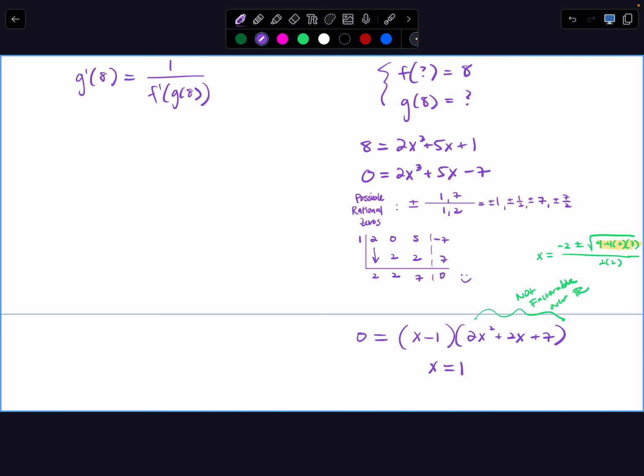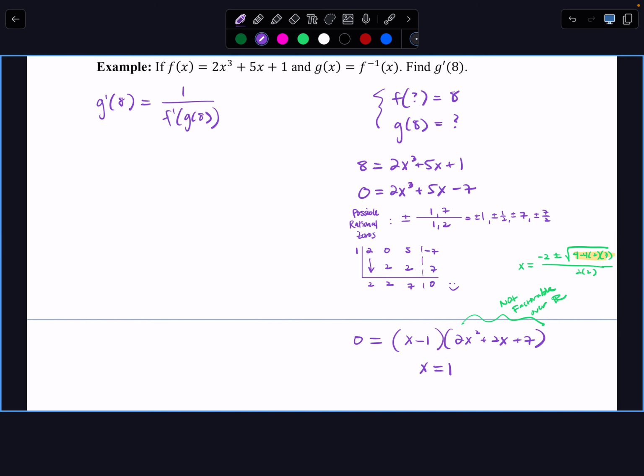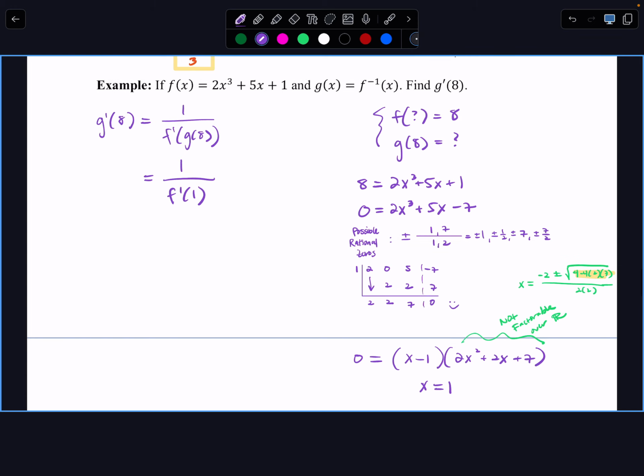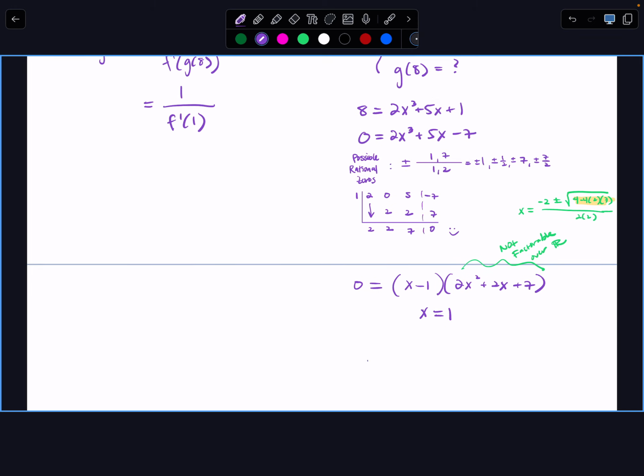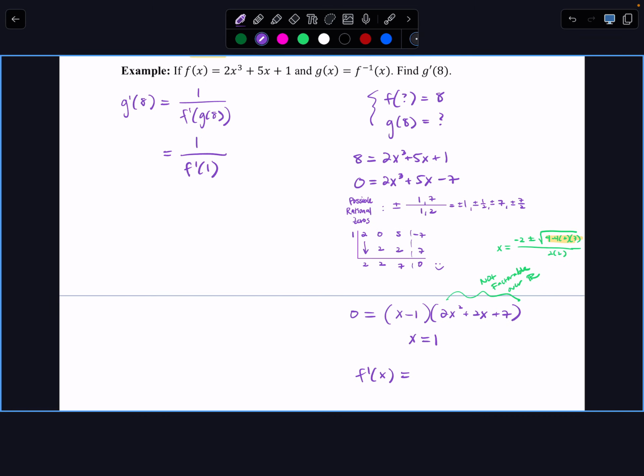Okay, what was the question? What are we doing? So g of 8 is equal to 1. So 1 over f prime of 1, and then now it's just finding what f prime is. That x we just found was in order to find what f evaluated at what is equal to 8, because g of 8 is equal to that value.